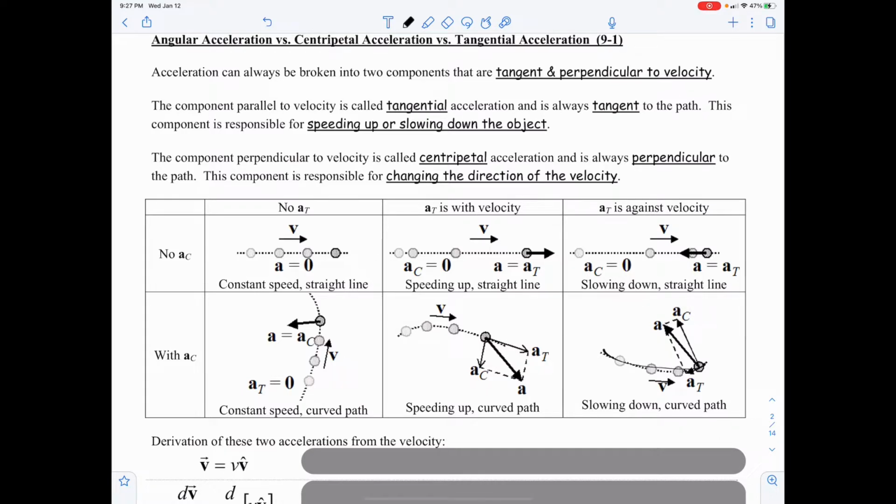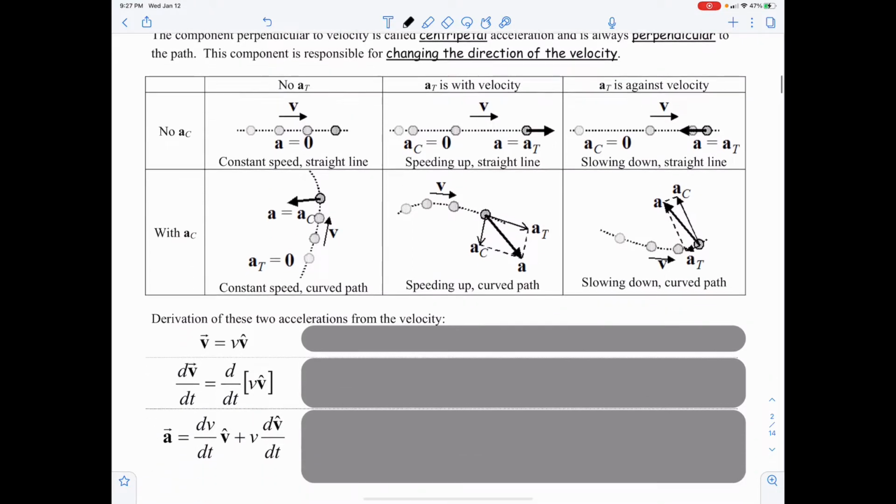So you've got the curvature, but notice the curvature is getting shorter because of the slowing down nature of this, the acceleration is going against the motion. So we're slowing down on a curved path.